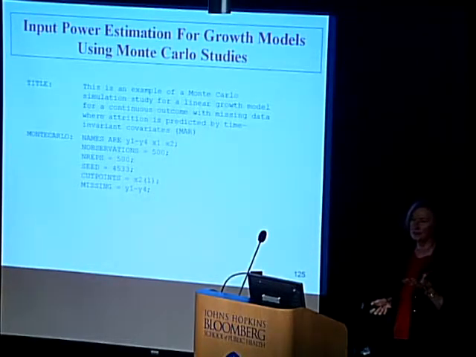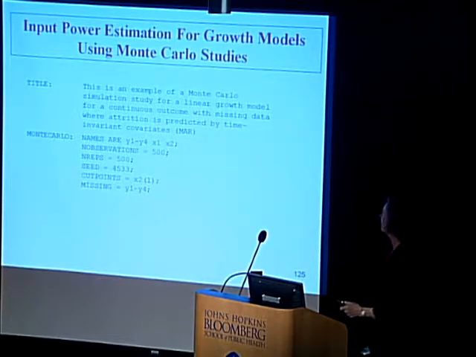Let's say it's a MIMIC model, or maybe it's a growth model. Find that, and then on the CD that comes with Mplus are Monte Carlo counterparts for each of the real data examples. That's a good starting place. Then you can see how we set it up and what you need to do.